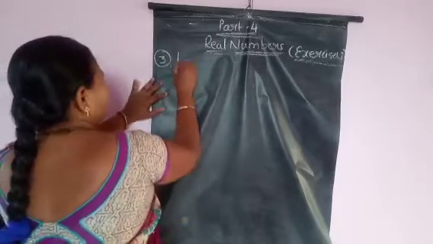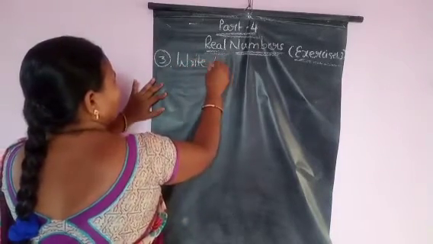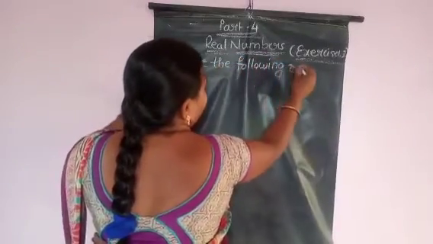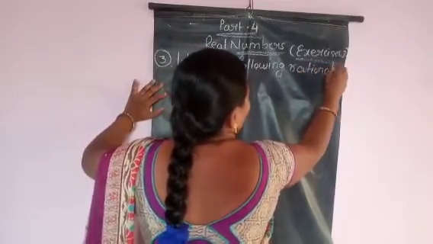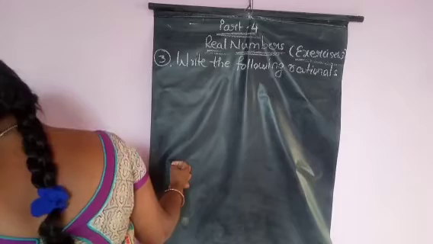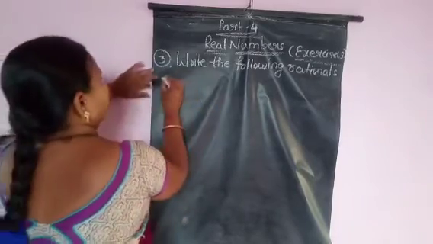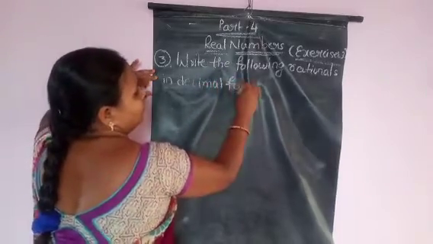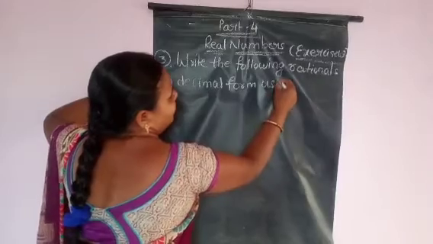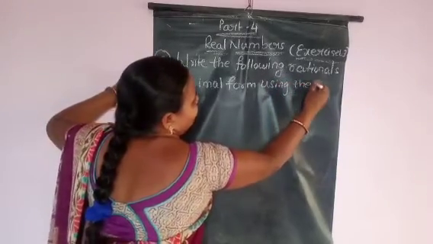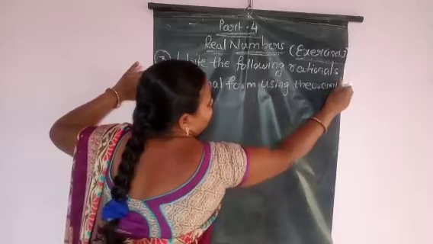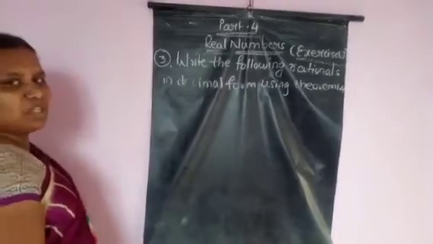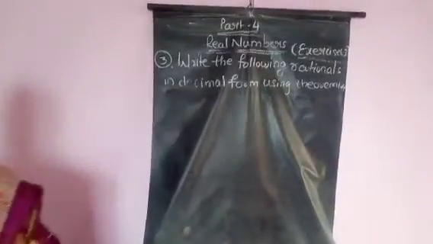Write the following rationals in decimal form, using theorem 1.4.